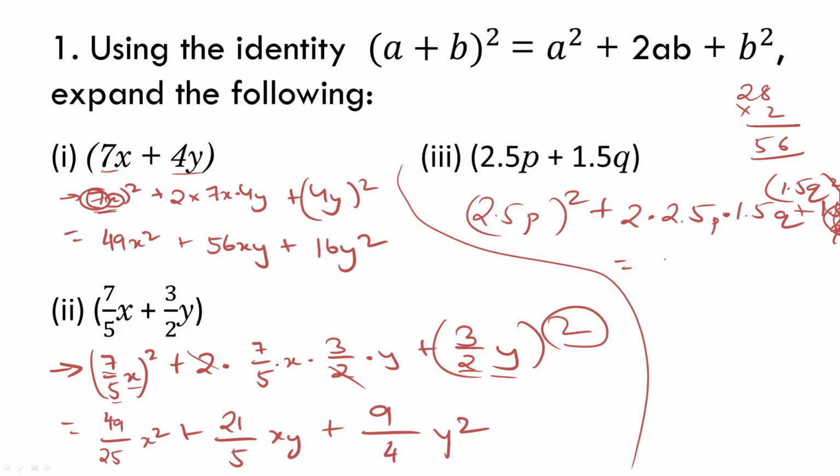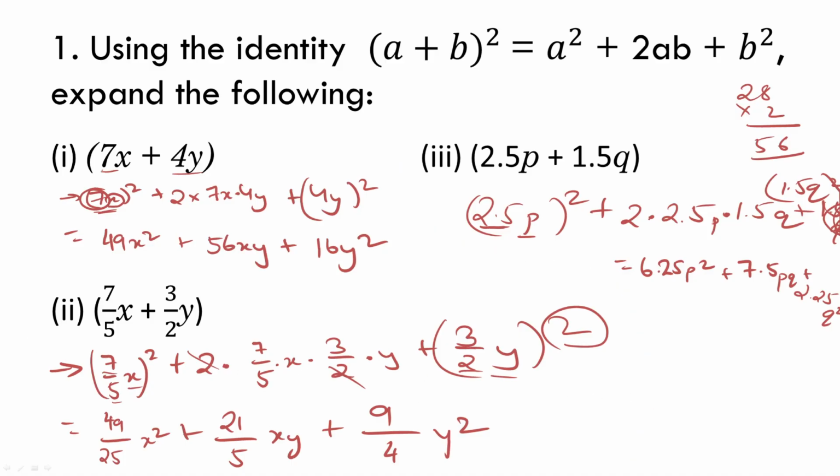So this is going to be equal to 6.25p squared, same rule, it will go here and here, plus 2 times 2.5, that's 5, 5 times 1.5, that's 7.5pq, plus 2.25q squared.